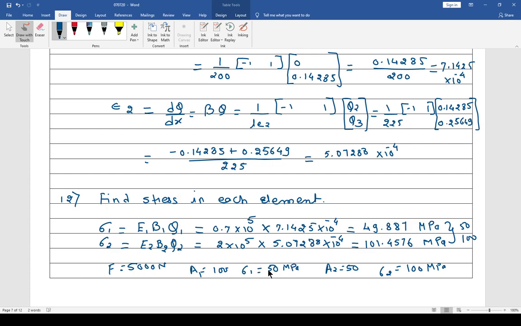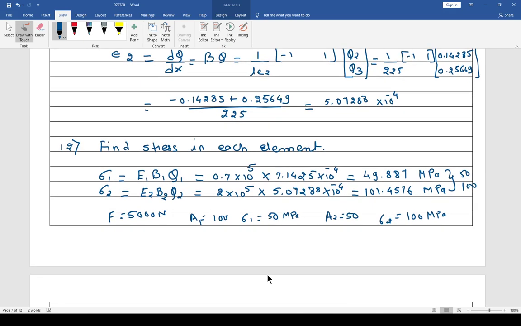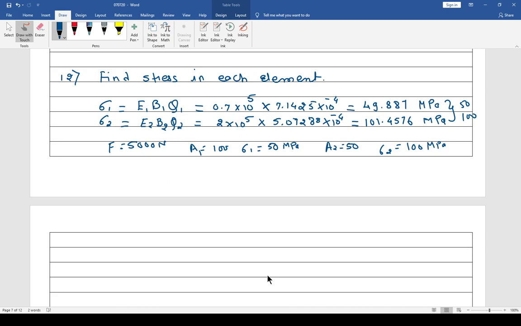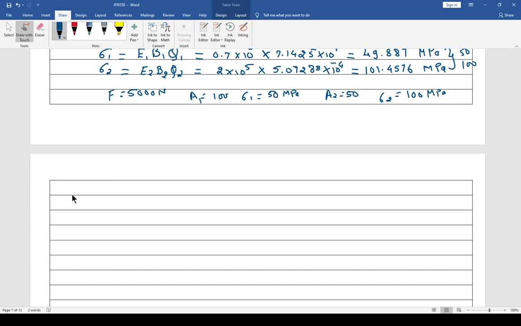Let me know whether you understood this or not quickly. Now such a type of problem, of course this is only a small system, so I just wrote it. Such a problem is applicable in the subject called CAD CAM.